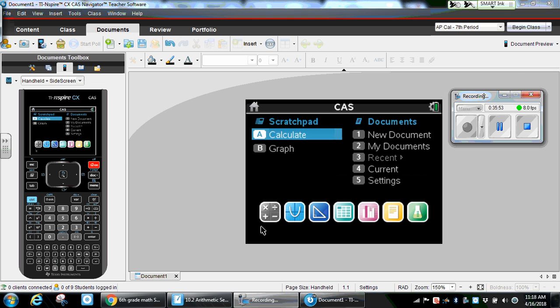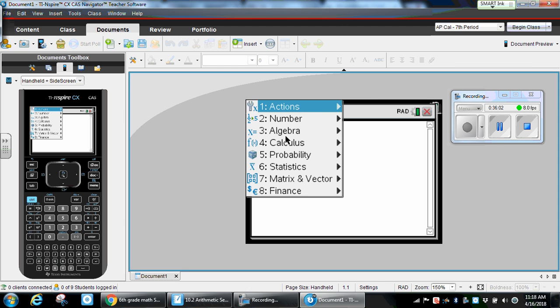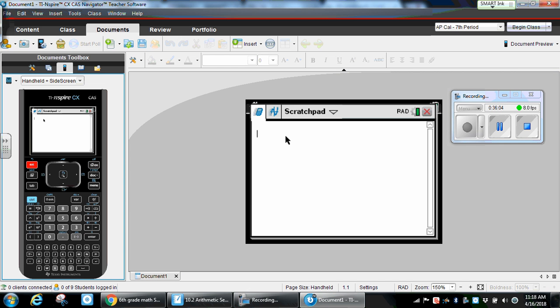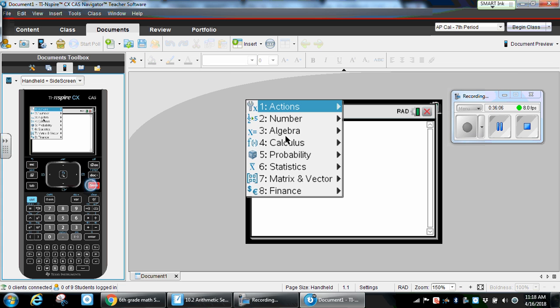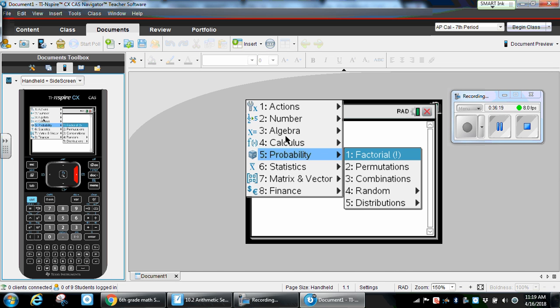Okay, so first thing we need to do is go to the calculate portion of our calculator. So, not the graphing one. And then once you're there, you are going to use the menu function. And then, just in case you don't remember where the factorial is, it's under probability. We're not using factorial today, but I want to remind you.